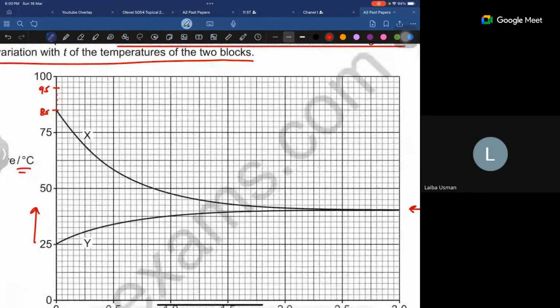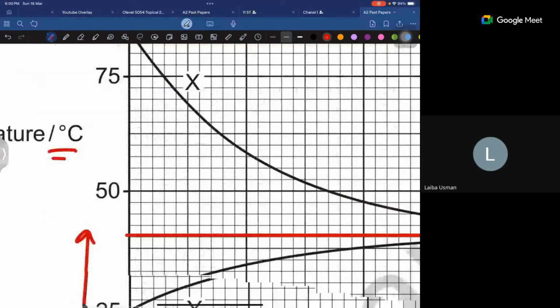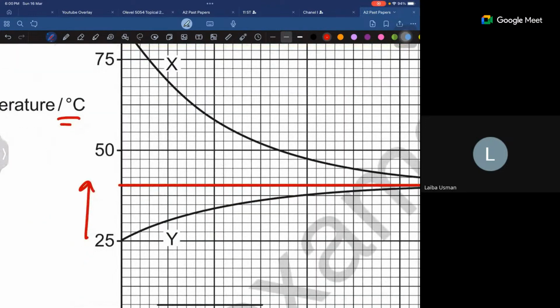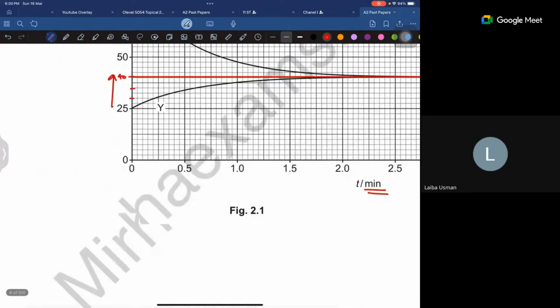So we're going to check what is this. Let's see this point, right? So this is basically 20, 30, 35, and 40. So this is going to be 40. And X goes from 85 to 40.